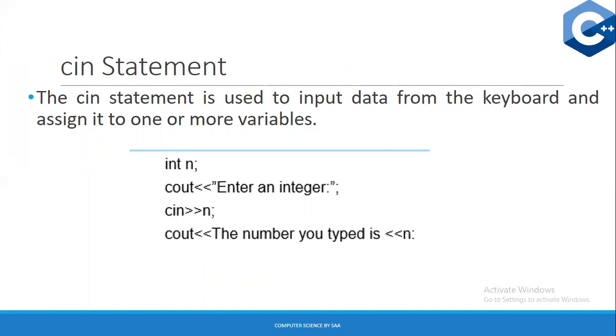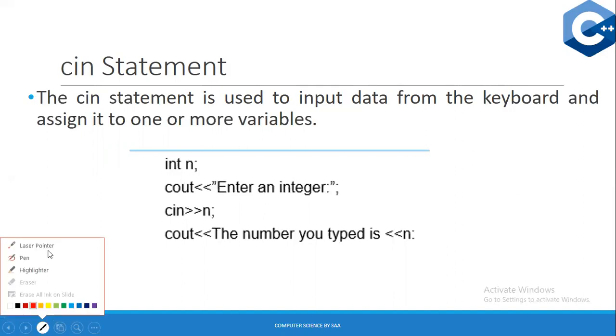Like in the example that we have just executed on Dev C++, we have assigned the value x is equals to 5 in our program. But what if I want to get that value from the user? If I want to get the input from the user, I will be using the cin statement. Here is a short example.